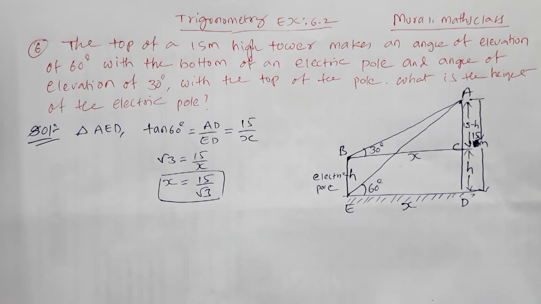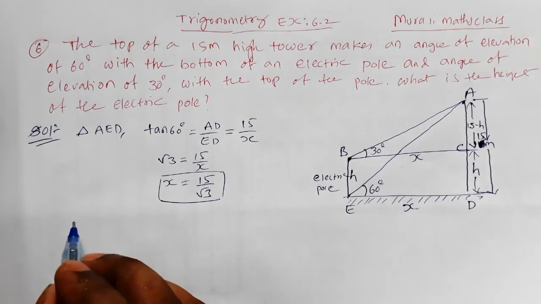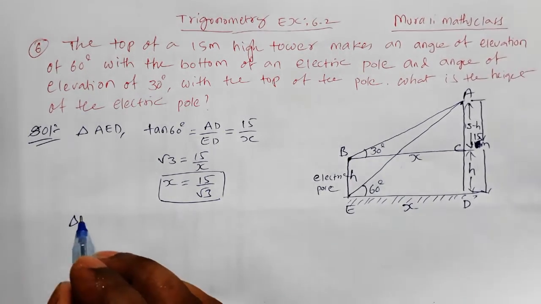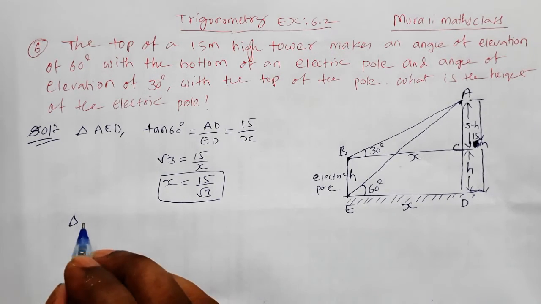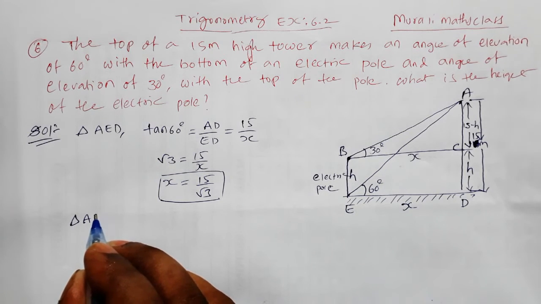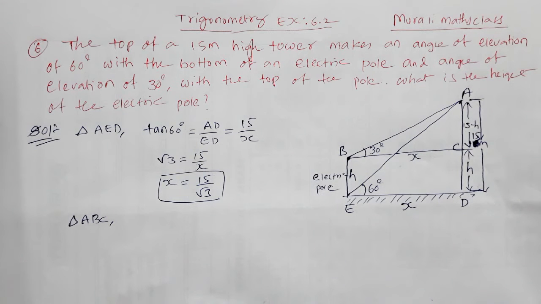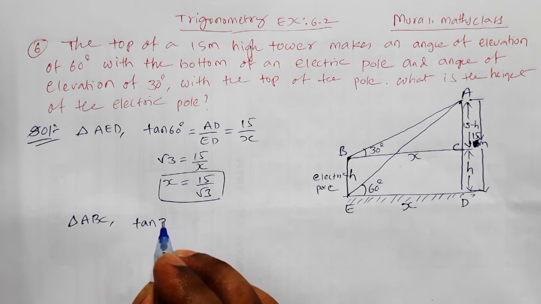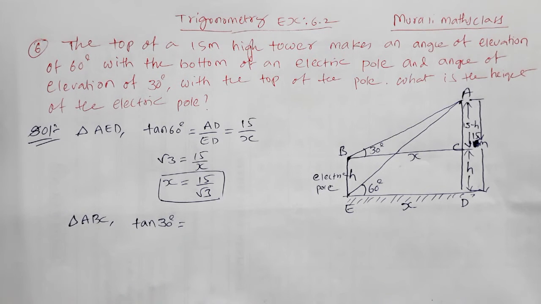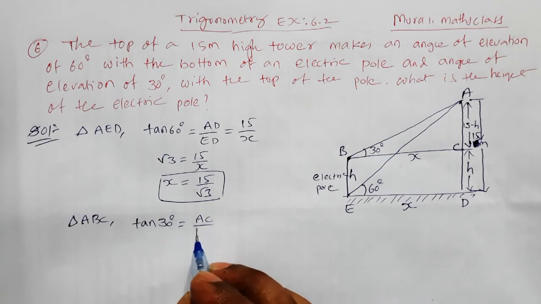Next, take one more triangle now. Why? Because we have one more angle here. So for that, what triangle we have to take? Triangle ABC. If I take triangle ABC, we can apply tan 30. Tan 30 degrees equals, the formula is opposite AC divided by adjacent BC.